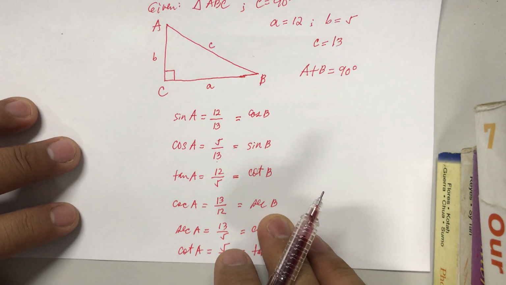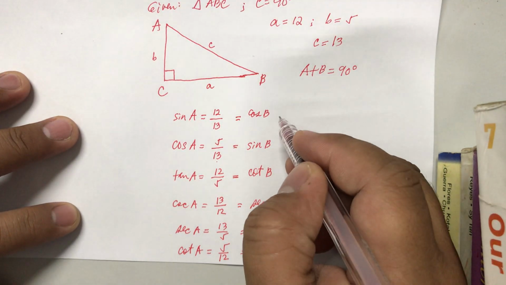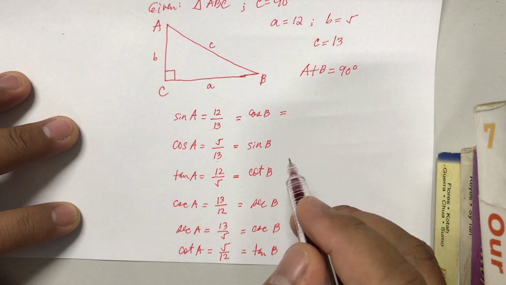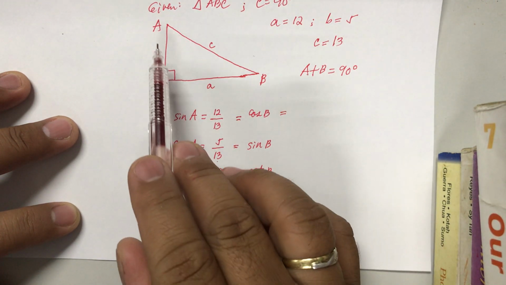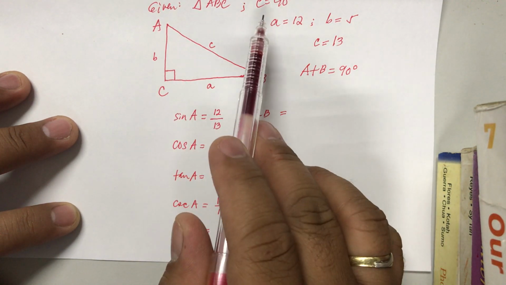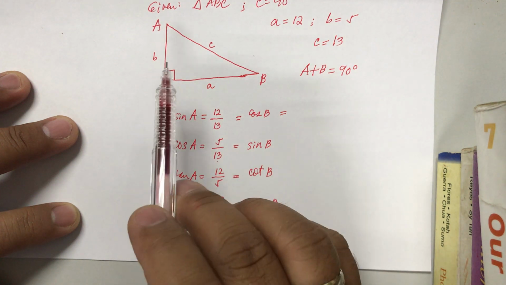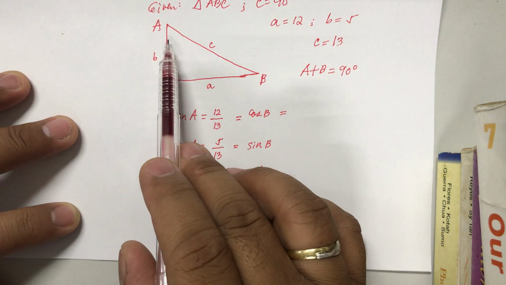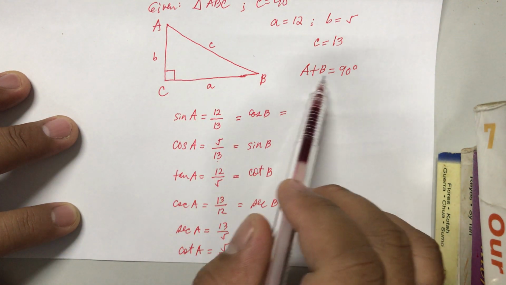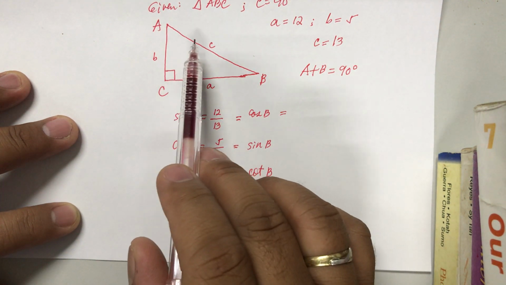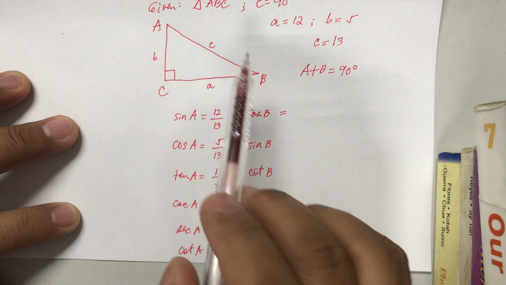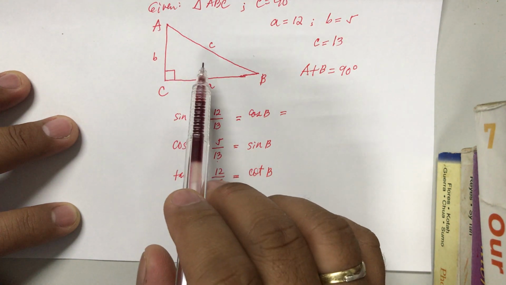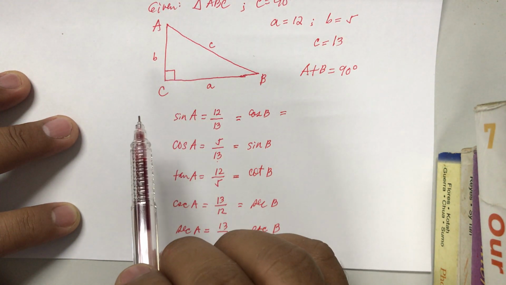Now, earlier we established that in a right triangle ABC where C is equal to 90 degrees, the sum of the two other acute angles A and B would be 90 degrees. Or angle A and angle B are complementary angles. Again, their sum is equal to 90 degrees.